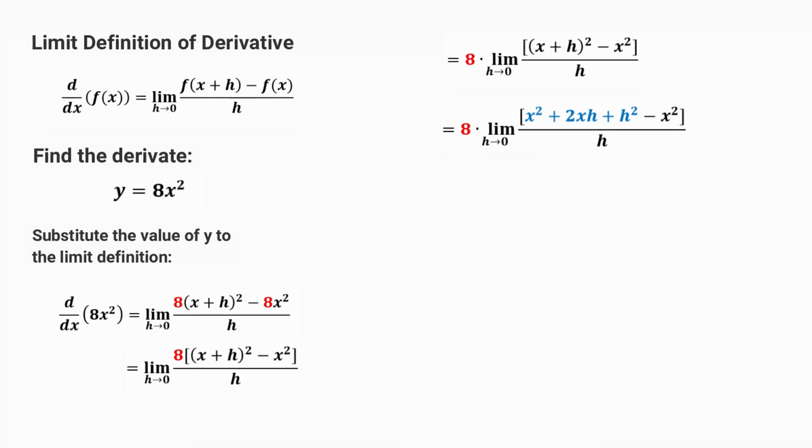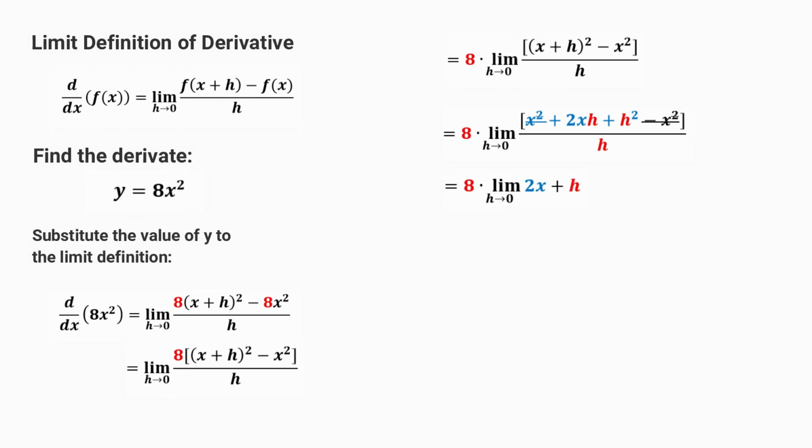As we can see, the positive x squared and the negative x squared will become equal to 0. So let's cancel it. And the numerator h and the denominator h, let's cancel it. Now 2x plus h only remains. So it is 8 times the limit of 2x plus h as h approaches 0.